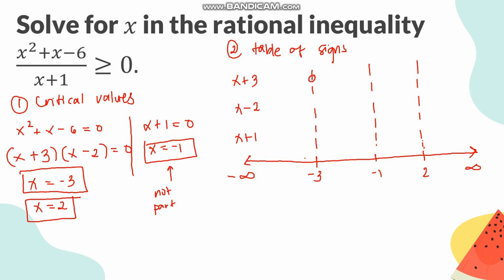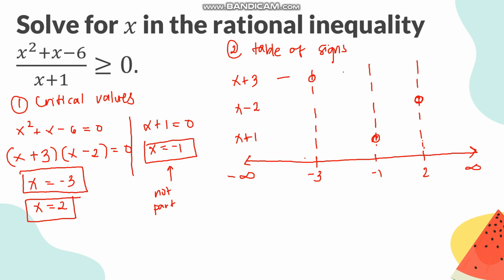So we'll write 0 here. If the expression is x minus 2, it will become 0 if x is +2. So let's write 0. And then last, if the expression is x plus 1, it will be 0 if x is -1. Again, the numbers on the left of 0 will give us a negative sign, and the numbers on the right side of 0 will give us a positive sign.